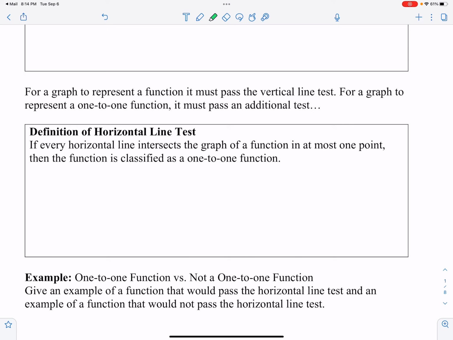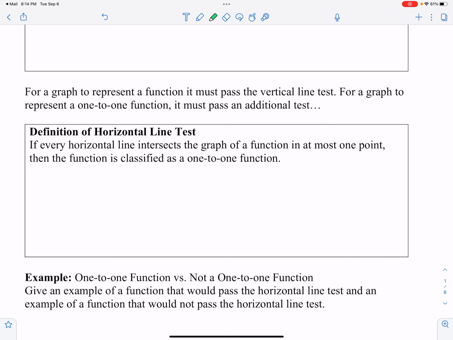But basically, the horizontal line test says that if you have the graph of a function, so it's already passing the vertical line test, but if you were to draw a horizontal line anywhere and it were to intersect the graph at more than one point, then the graph would fail the horizontal line test and not be a one-to-one function, because there would be a y value that would correspond to multiple x values, and that's not a one-to-one function.